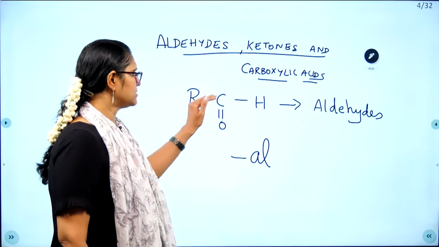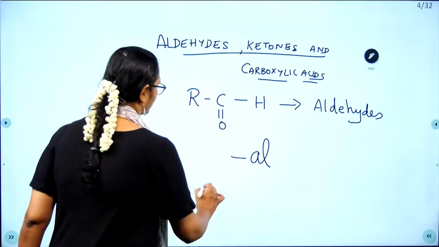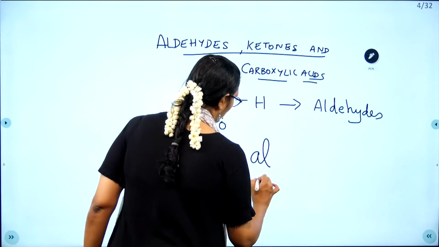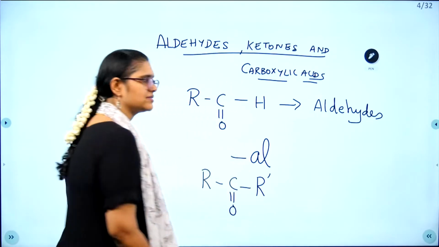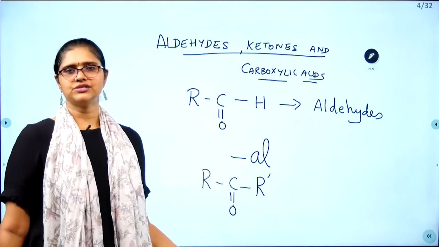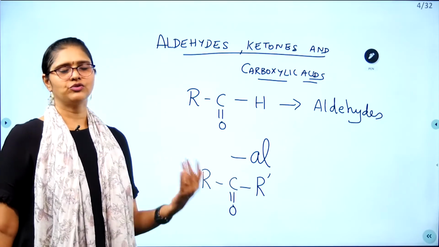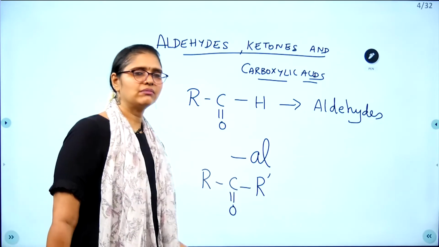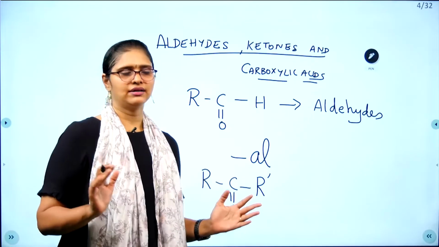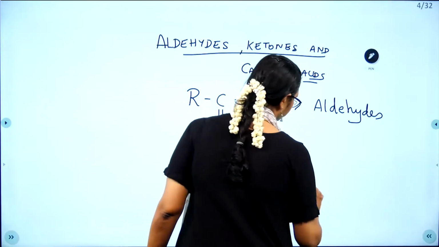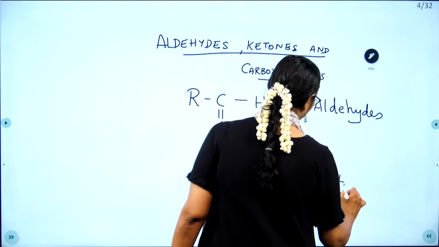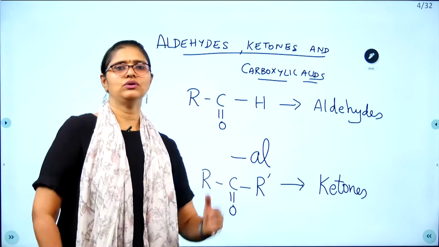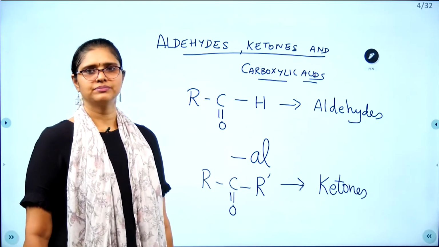Okay, R C double bond O H. R C double bond O R dash, so R and R dash can be the same or different. Whenever you have C double bond O with R on either side, it is called a ketone. R C double bond O R dash is nothing but ketones.